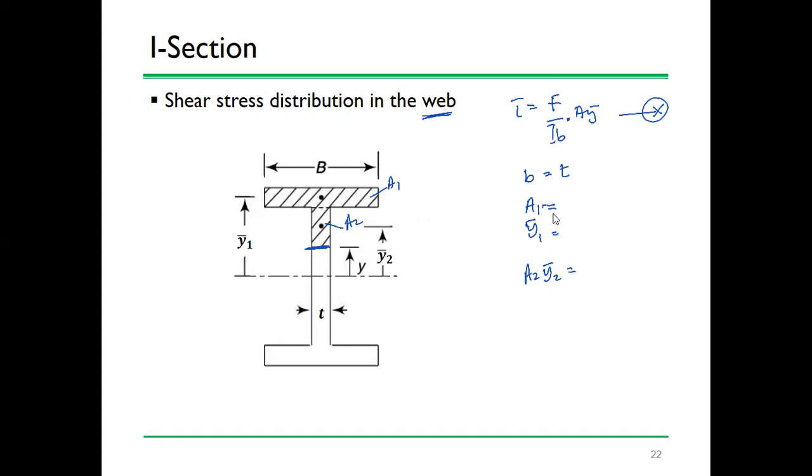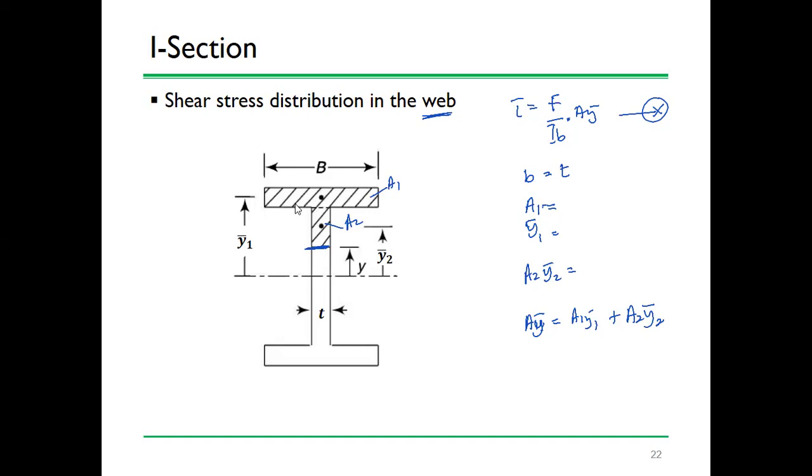So the A1 Y bar 1, A2 Y bar 2 are components you need to find, so that finally you can find AY bar to be equal to A1 Y bar 1 plus A2 Y bar 2. This is what you do if you have many parts. Okay? But as for the B here, the B is applicable to where you are actually determining the shear stress.